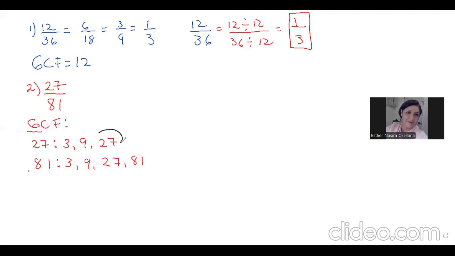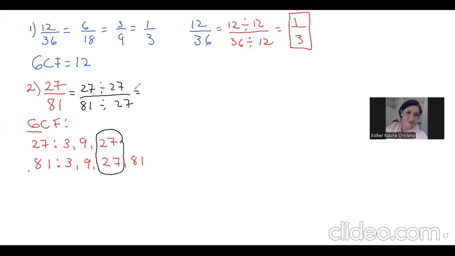So, if we want to work with this directly, we divide 27 by 27 and 81 divided by 27.